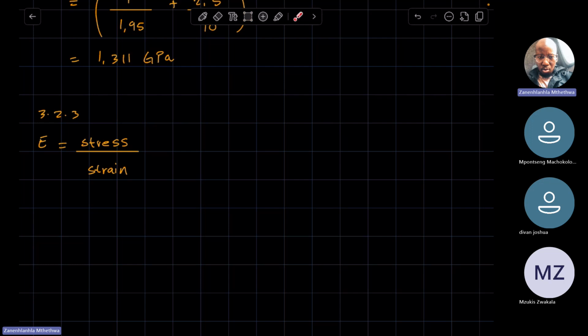Right. Now, like I said in the beginning, I made a relation between Young's modulus and the bulk modulus.